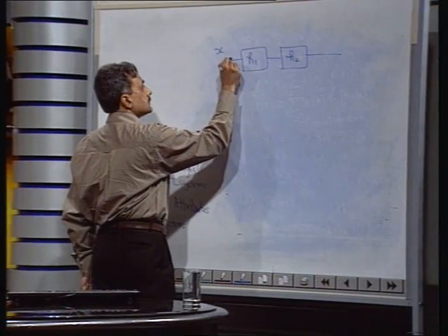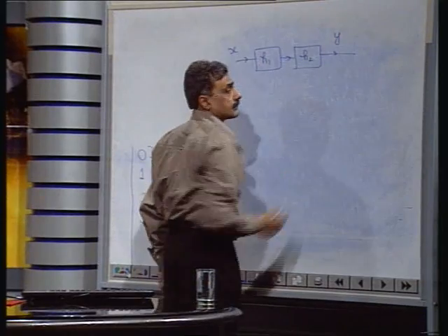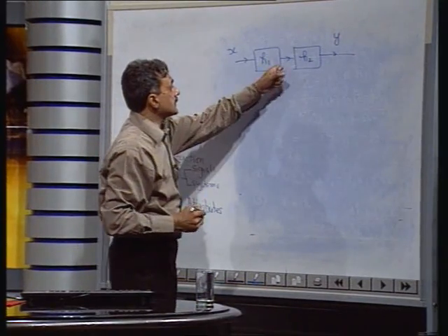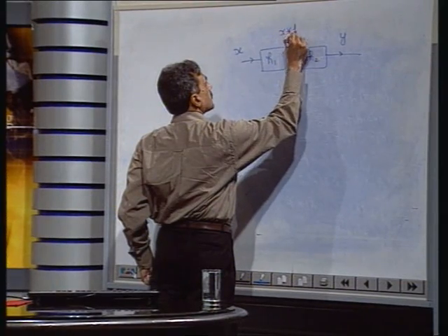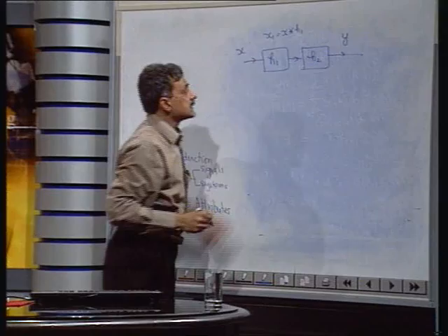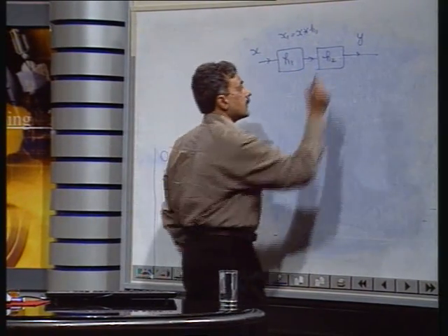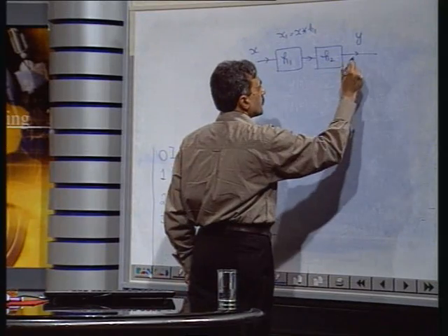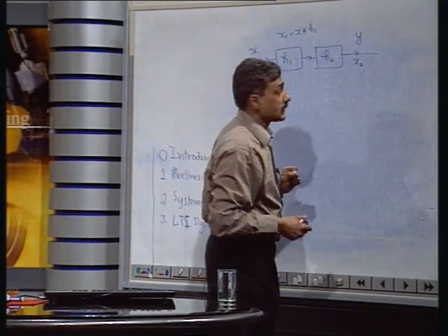Input to this is x and output is y. Let me denote the intermediate output as x1, and this final output as x2, more appropriately.